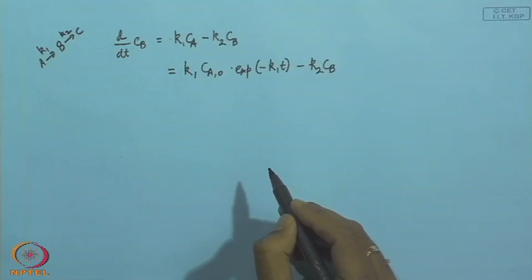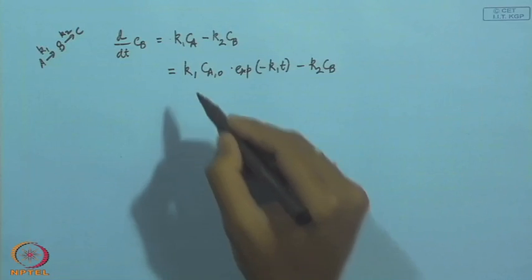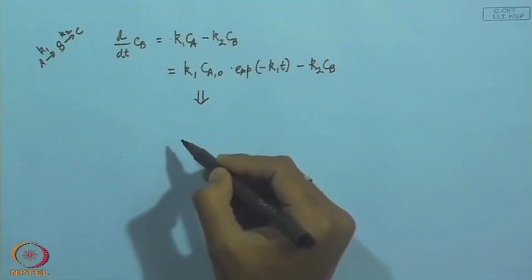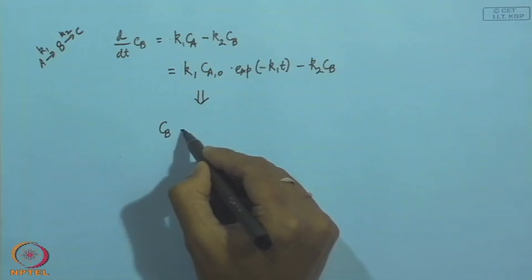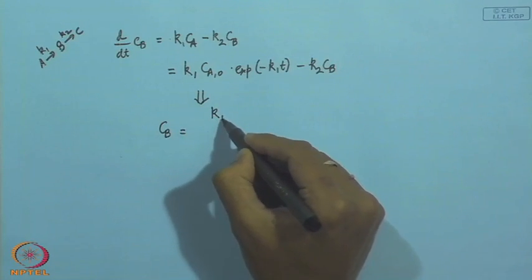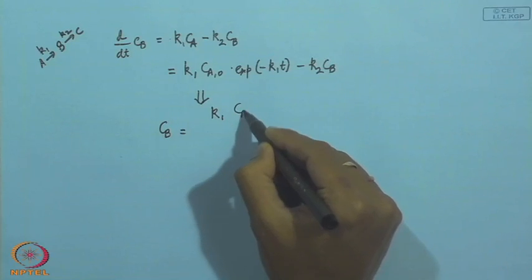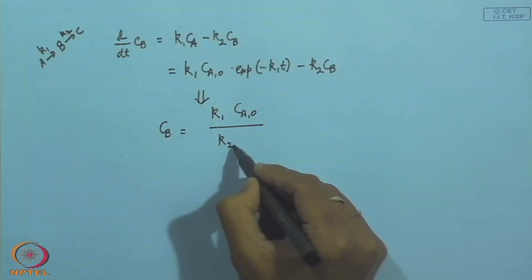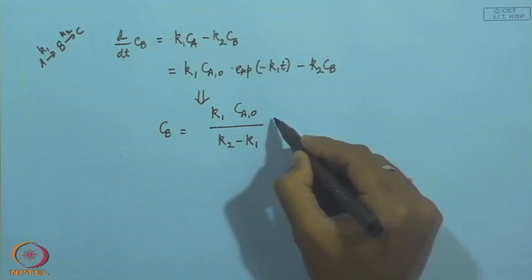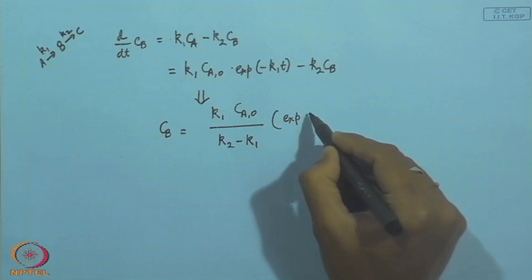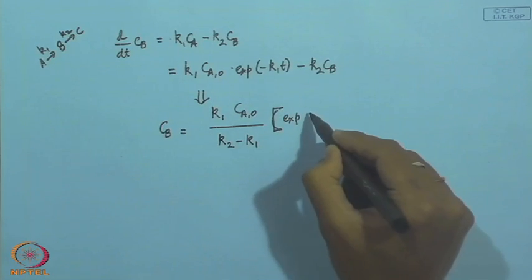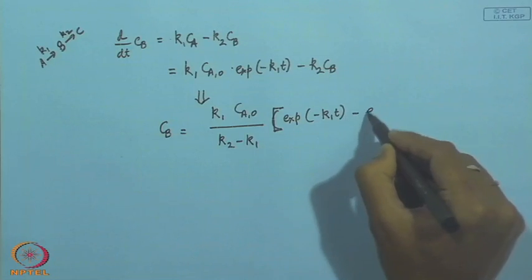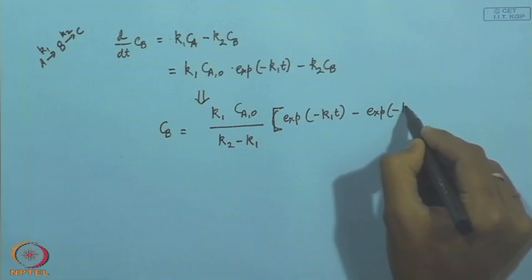Okay. So, it is an ordinary differential equation, and if you solve it, your solution will be CB is equal to K1 CA0 divided by K2 minus K1 into exponential to the power minus K1 t minus exponential to the power minus K2 t.